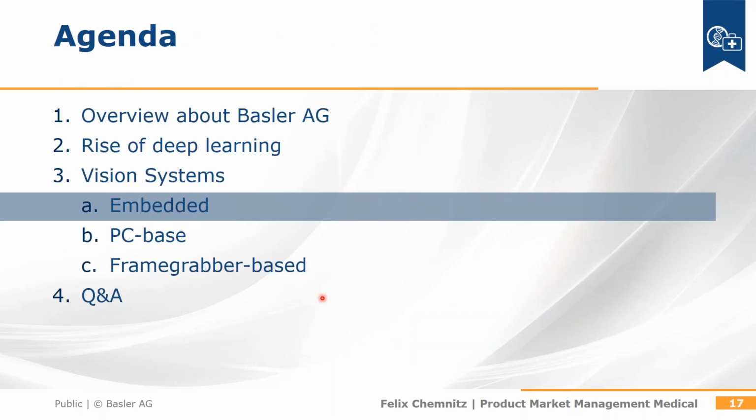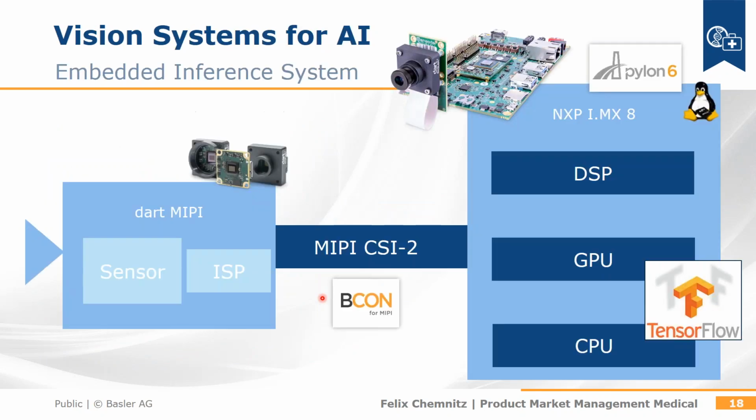Good. So we will start with the embedded system for inference. Because I'm from Basler, I took our cameras as the example. So we will start on the left side with the camera itself as the device which takes the image. Then you see here in the middle the interface, and on the right side we have this inference host.